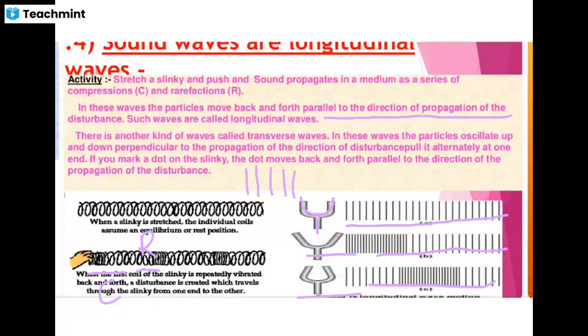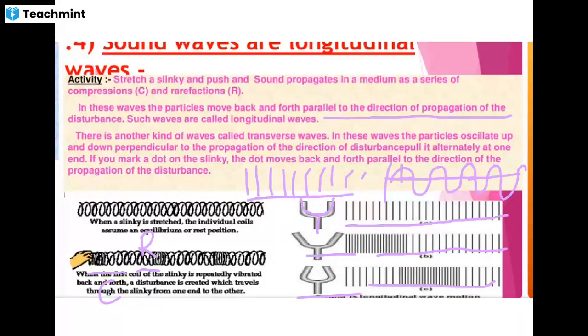It will always move parallel like this, whereas transverse waves oscillate perpendicular. Here with light waves, I told you light waves are transverse waves, so they will always vibrate perpendicular. But sound waves will travel parallel to the disturbance produced in the medium.